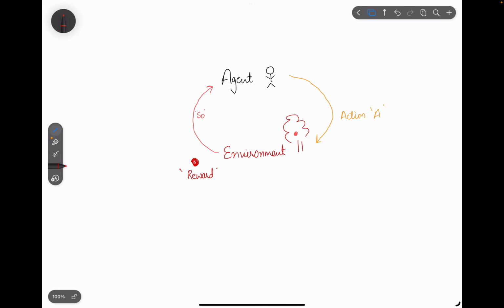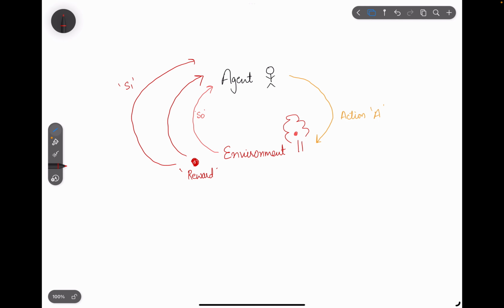So let's start again. Initially the environment was in state S0. When I initialized, the agent explored in the starting. The agent saw an apple in the state S0 and it took an action A, that is, to pluck that fruit. The agent got the reward, the fruit, from that environment. Along with that, the environment gave another state to the agent, that is S1.